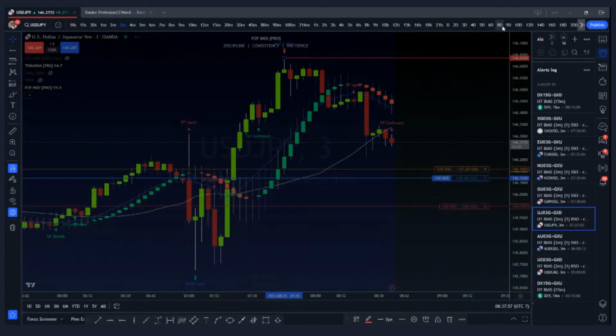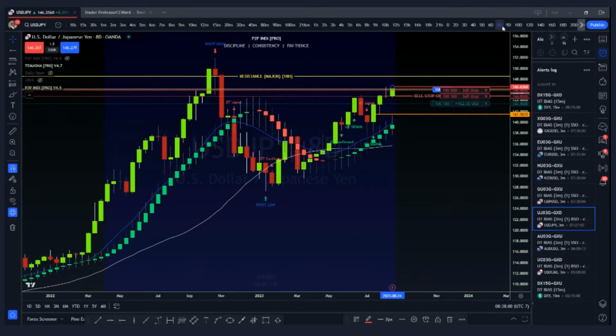But let me check the charts here. Oh, it's on its way possibly to this resistance level. So 148.50 is what I would say.